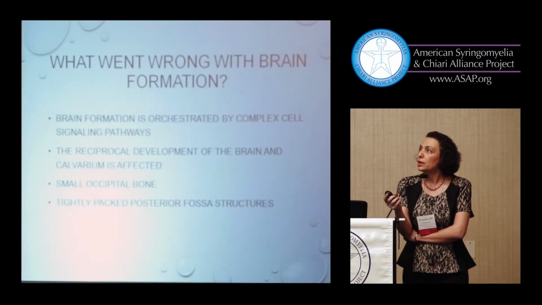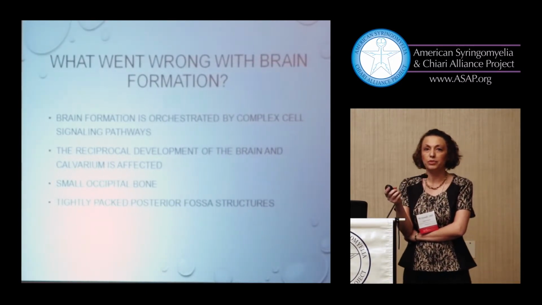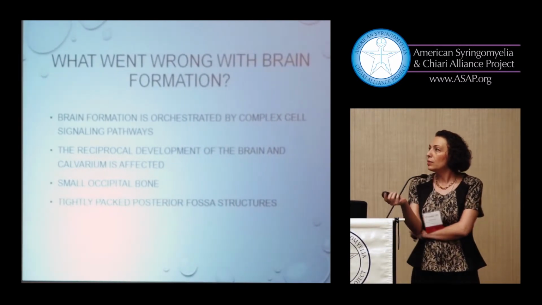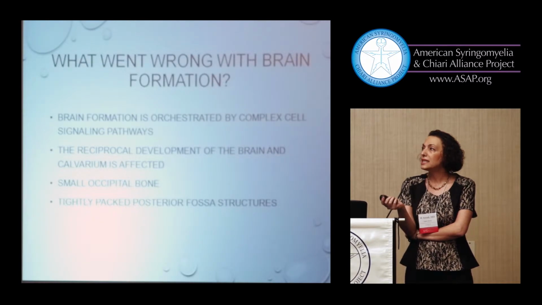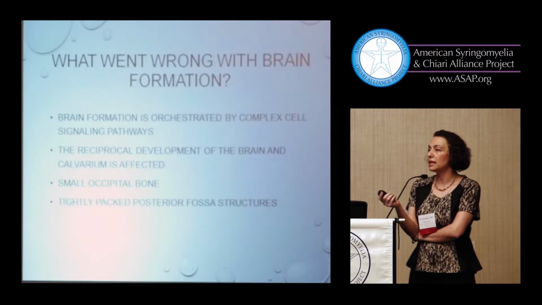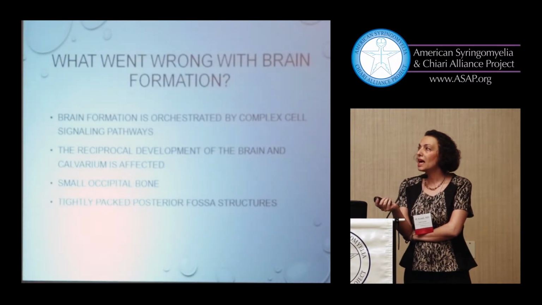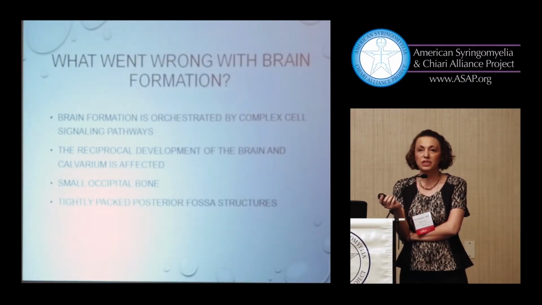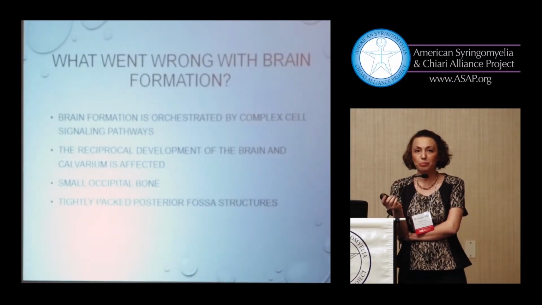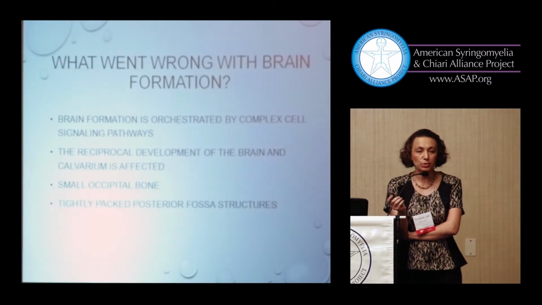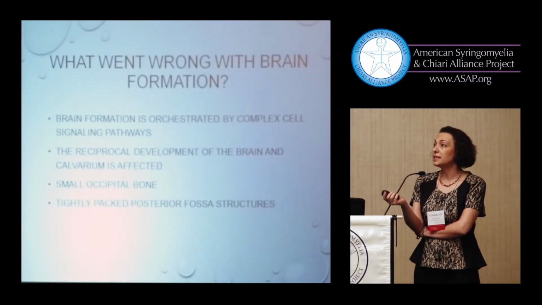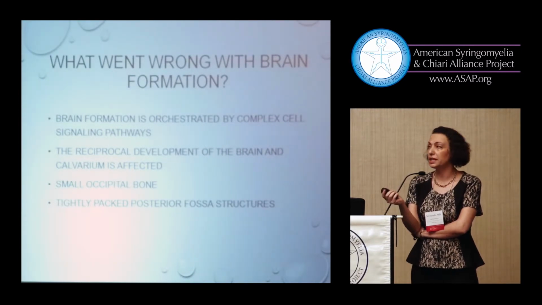All right, so what went wrong with brain formation? Why is there a malformation? I want to emphasize that formation of the brain is orchestrated by very complex cell signaling pathways. And what is of interest in the case of Chiari malformation is a reciprocal relationship between the development of the brain and the bone structures that are covering it.